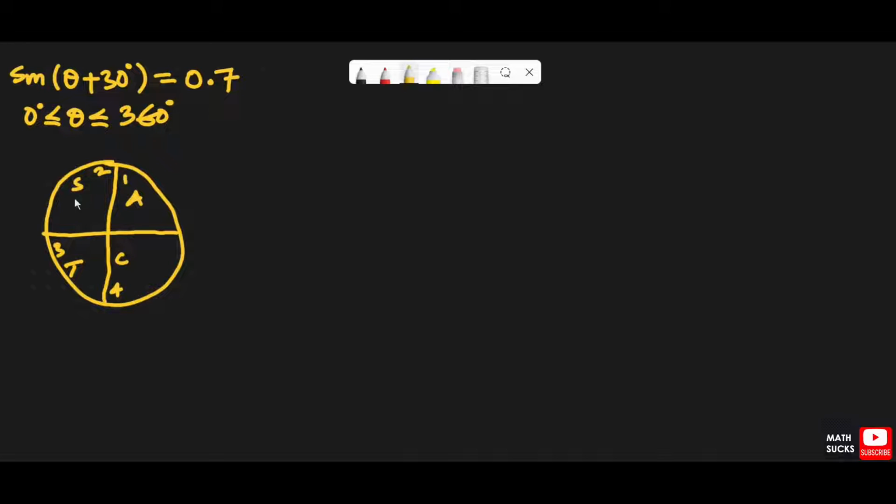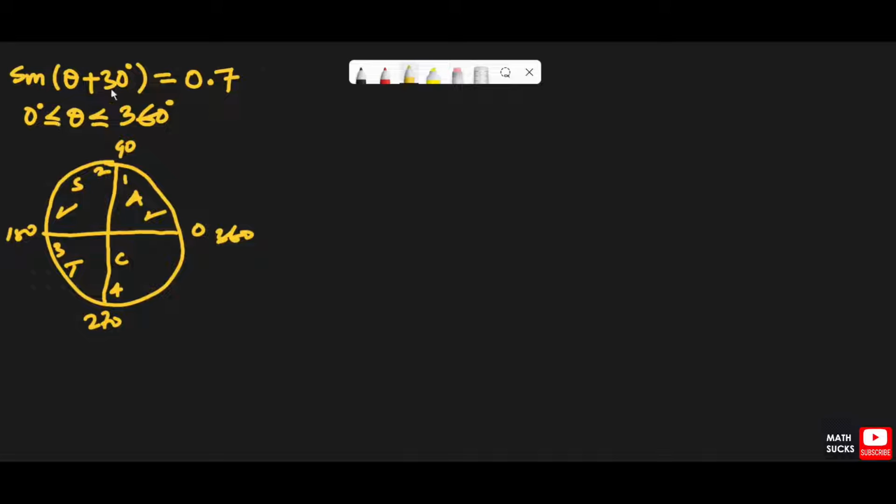So what is our point of focus on these four quadrants? Our focus is the first quadrant where sine is positive, and the second quadrant where it is positive too. So all the angles we need to generate are supposed to be within these two quadrants, and we know this is 180, 270, and this is 360.